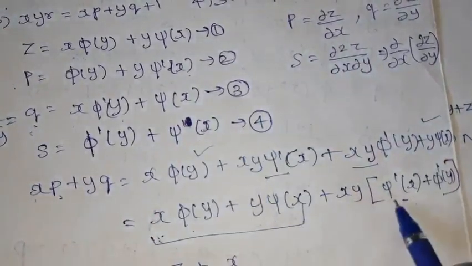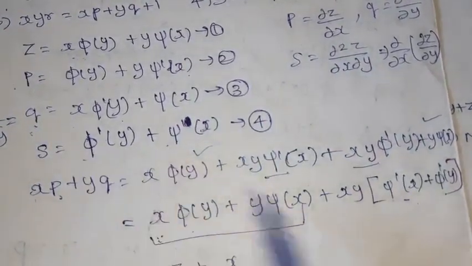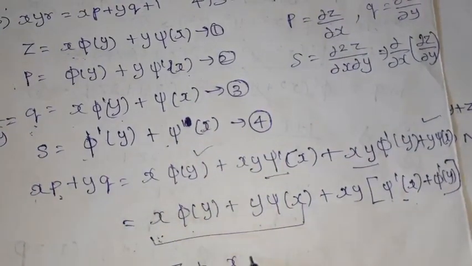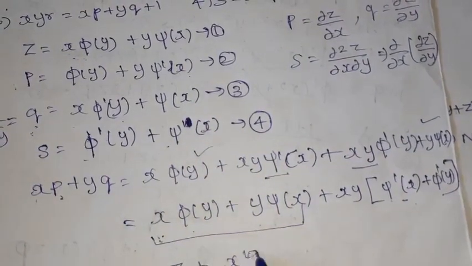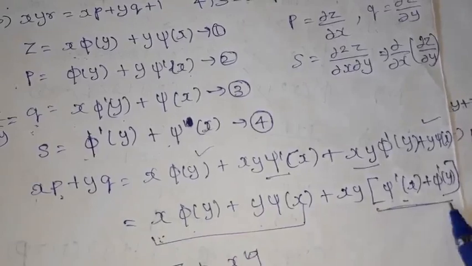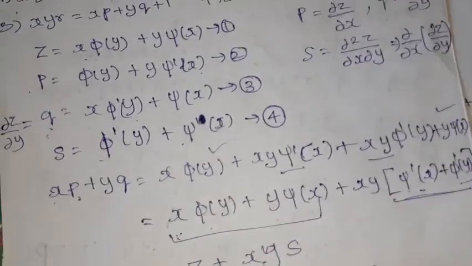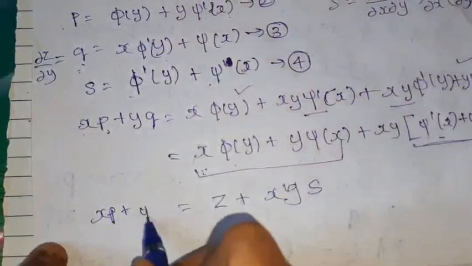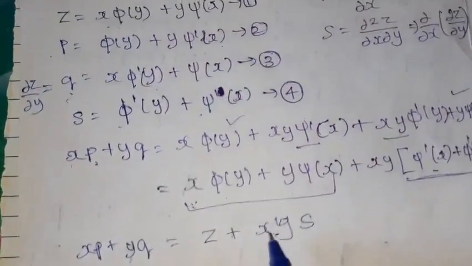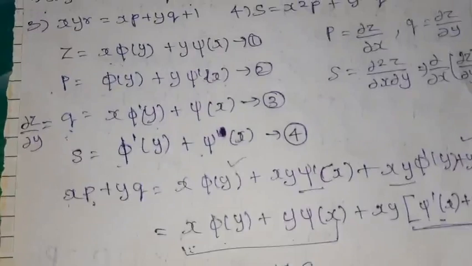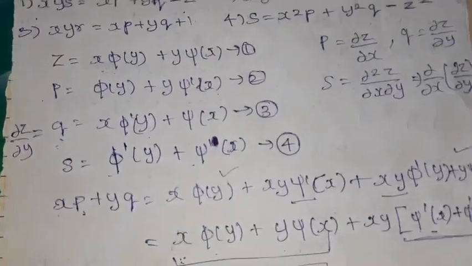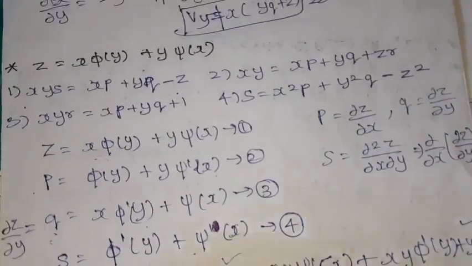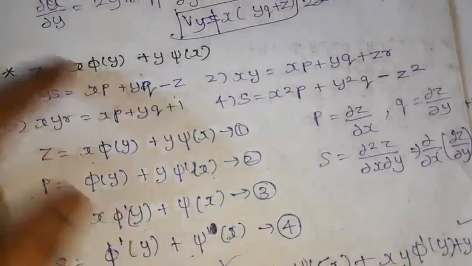So psi dash of x plus phi dash of y is equal to s, with xy outside. So xp plus yq is nothing but z plus xys. When comparing this option, xys equals xp plus yq minus z.